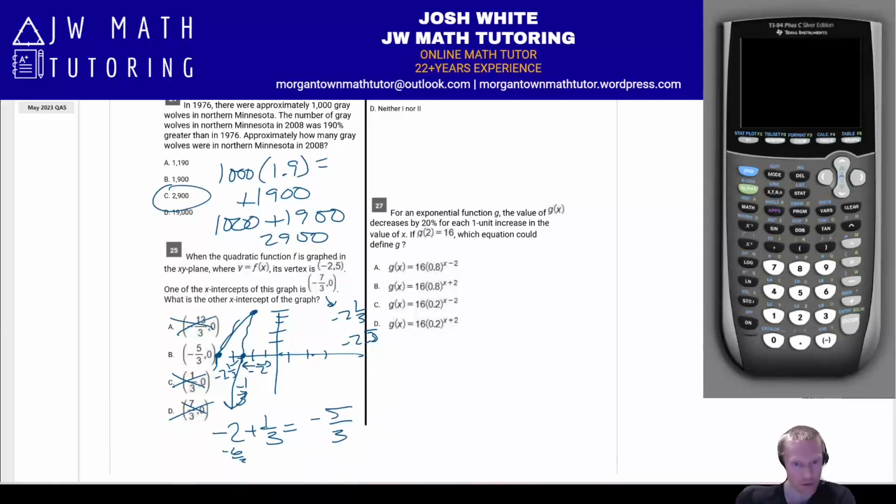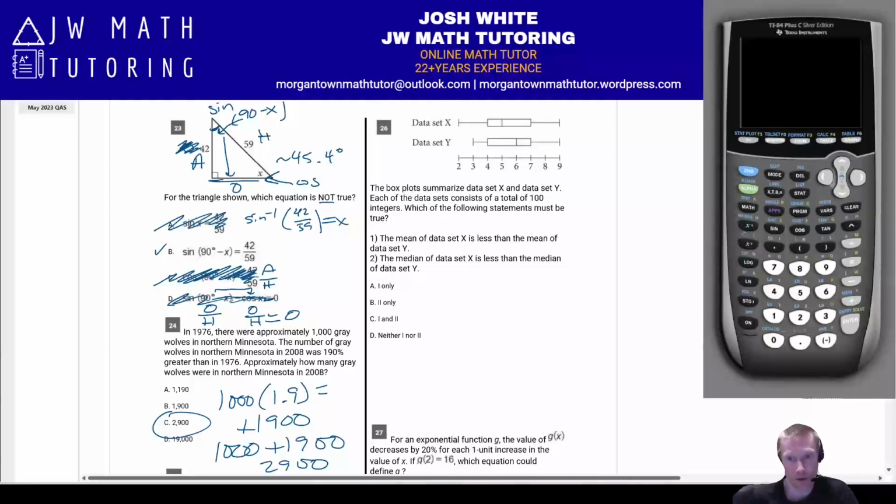I mean, it's -6/3 plus 1/3, which is -5/3, and you could do that fraction addition and simplification on the graphing calculator. But the whole idea is the two x-intercepts are symmetric with respect to the vertex, specifically the x-coordinates of all of them. So if one of them is 1/3 of a unit to the left, the other will have to be 1/3 of a unit to the right of the x-coordinate of your vertex.